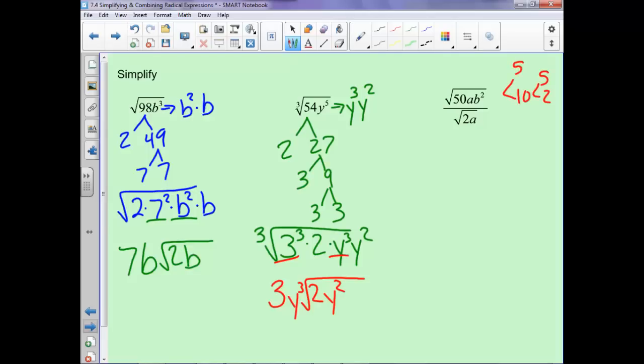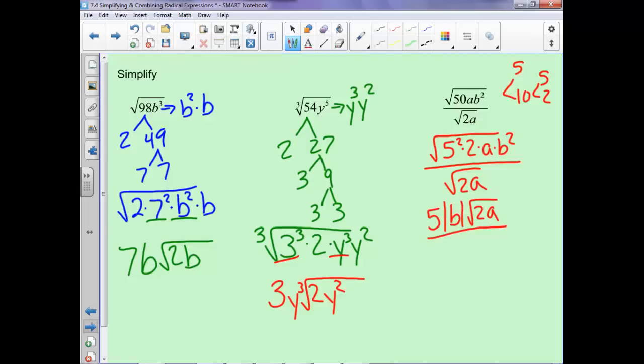So we could write this as the square root of 5 squared times 2 times a times b squared all over the square root of 2a, which would give us 5 times the absolute value of b times the square root of 2a over the square root of 2a. These will cancel and we're left with, sorry, 5 times the absolute value of b.